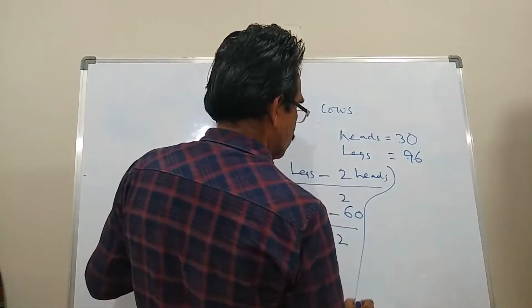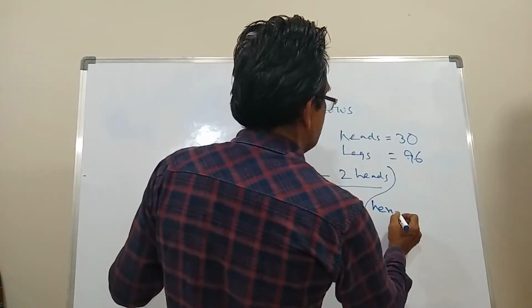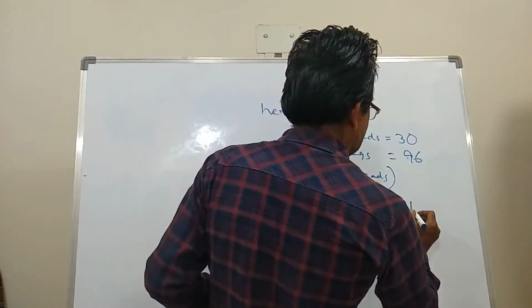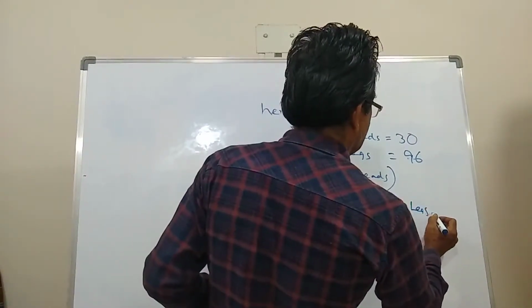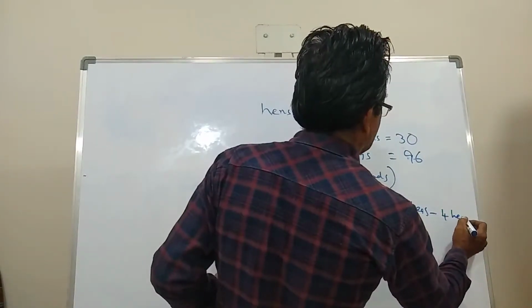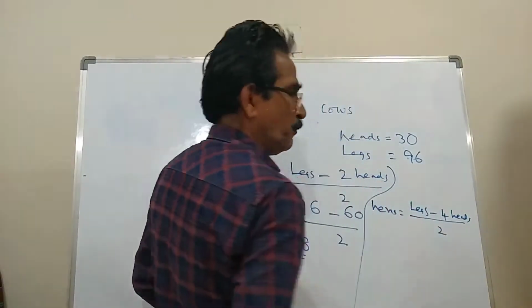In the same way, you can find the number of hens also. Number of hens is equal to, in the same way, legs minus 4 times the number of heads, by 2.